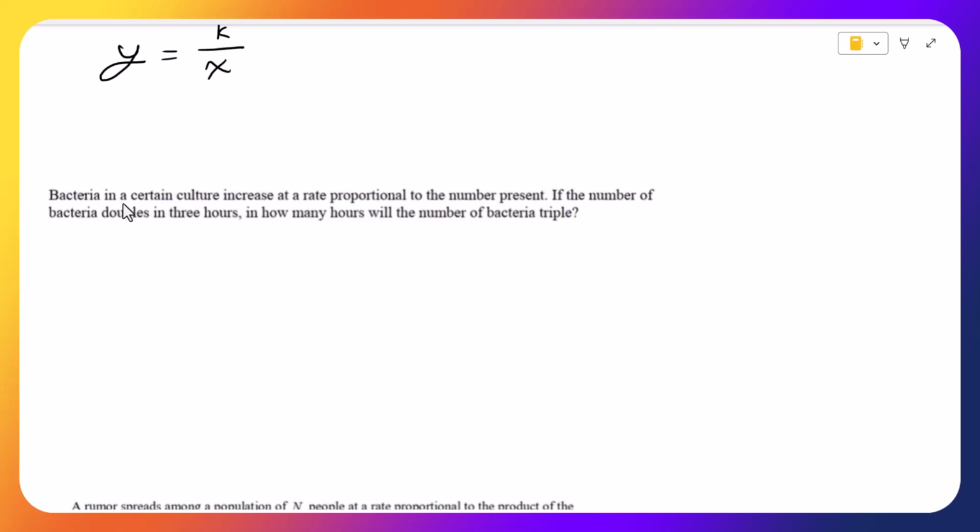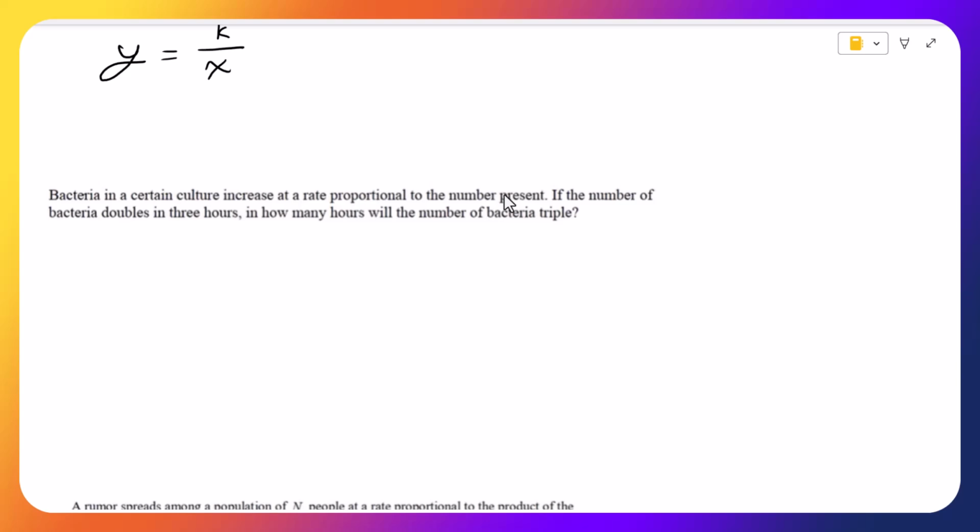Bacteria in a certain culture increase at a rate proportional to the number present. A lot of information just in that one sentence. So it tells us that what we are talking about is bacteria. So one of the things that we're talking about is bacteria.